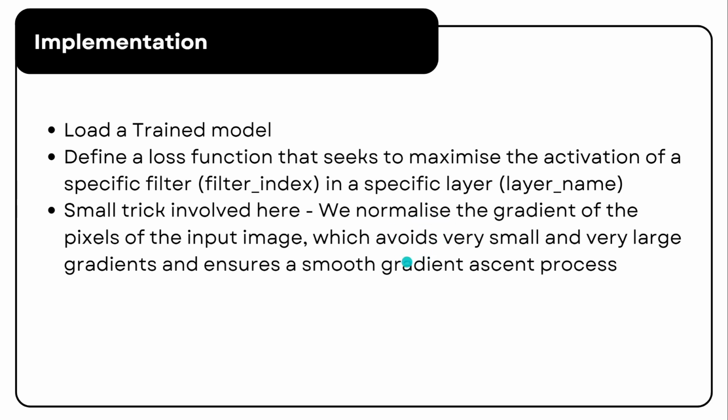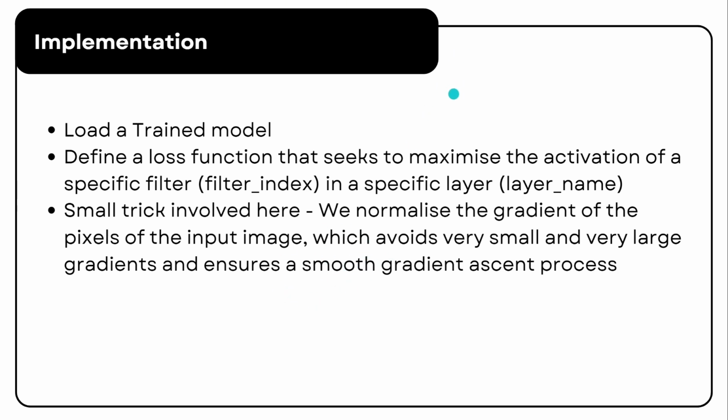This explanation is meant to give you a high level overview of what's going on. In simpler terms, what we're doing is creating a loss function that we optimize not by minimizing it like in gradient descent, but by maximizing it. Hence, we use gradient ascent.